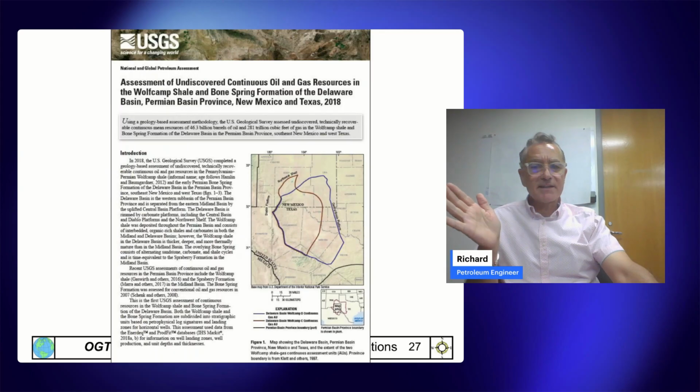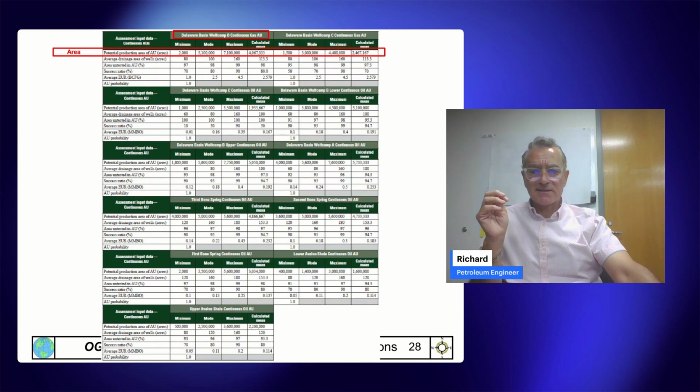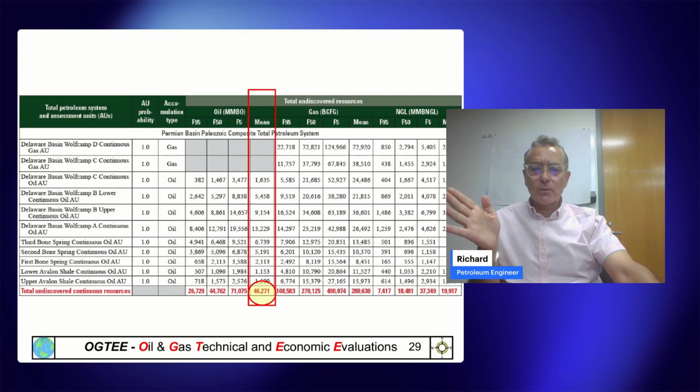The one that is really the outstanding endowment of a resource is the Delaware Basin. They went through and looked at the Delaware Basin, and what was defined at the P50 mean was 46 billion barrels of crude oil and 280 TCF of gas.